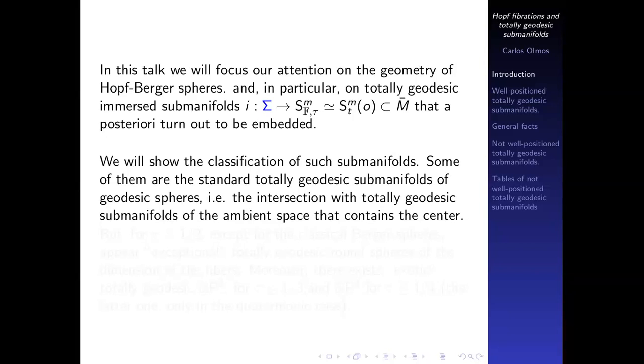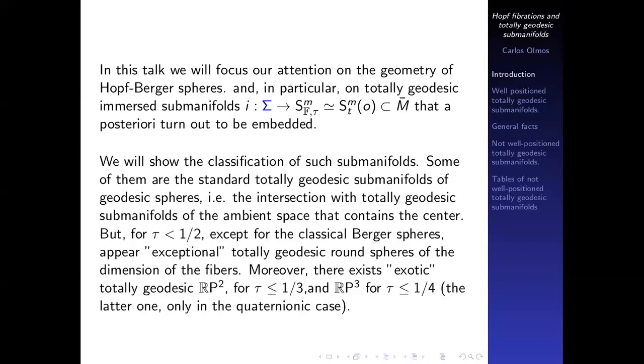As in the sphere, in general totally geodesic submanifolds are intersections of linear subspaces with the standard sphere. These are the standard totally geodesic submanifolds of geodesic spheres.